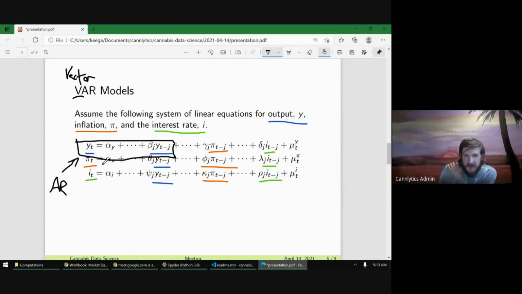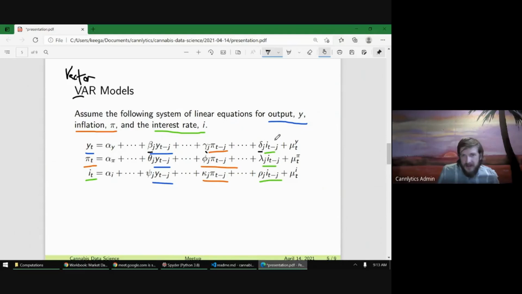So basically we're just saying, okay, output today depends on output yesterday, inflation yesterday, and the interest rates yesterday. We will measure the coefficient on each of these.